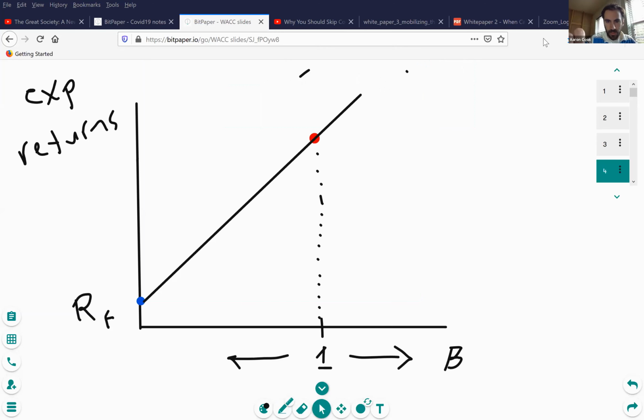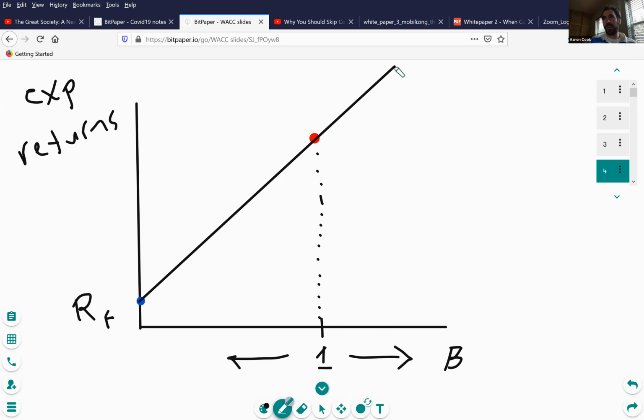Okay, so let me explain beta greater than 1 here for a second. The market as a whole, a diversified market portfolio, is going to have a certain amount of risk associated with it. There's a certain baseline level of risk that exists in the economy as a whole. You can't eliminate that amount of risk just by diversifying your portfolio.